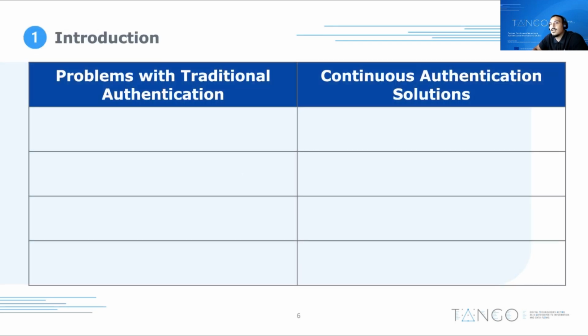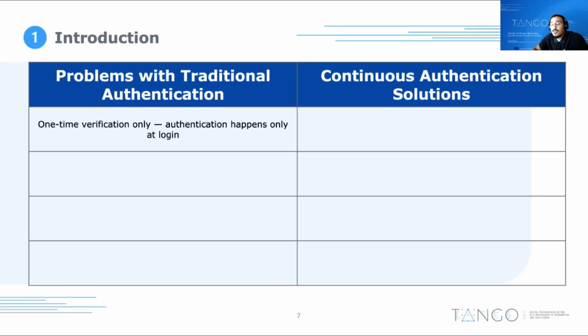So, as we just mentioned, we'll start with a quick introduction by going over a few problems in today's traditional authentication methods. And then we will discuss some solutions that continuous authentication offers to each one of these problems.